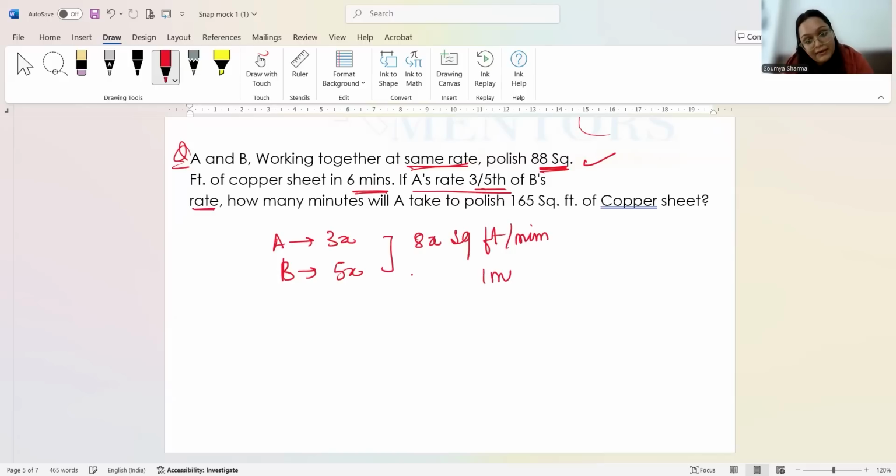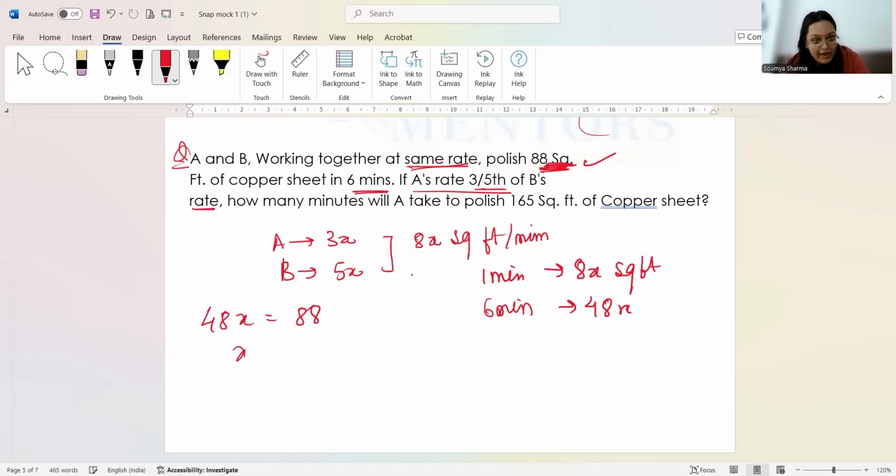So in 1 minute, they polish 8x square feet. So in 6 minutes, they will polish 48x. But in 6 minutes, they polish 88. So 48x will be 88. So x will come out to be 11/6. Right?